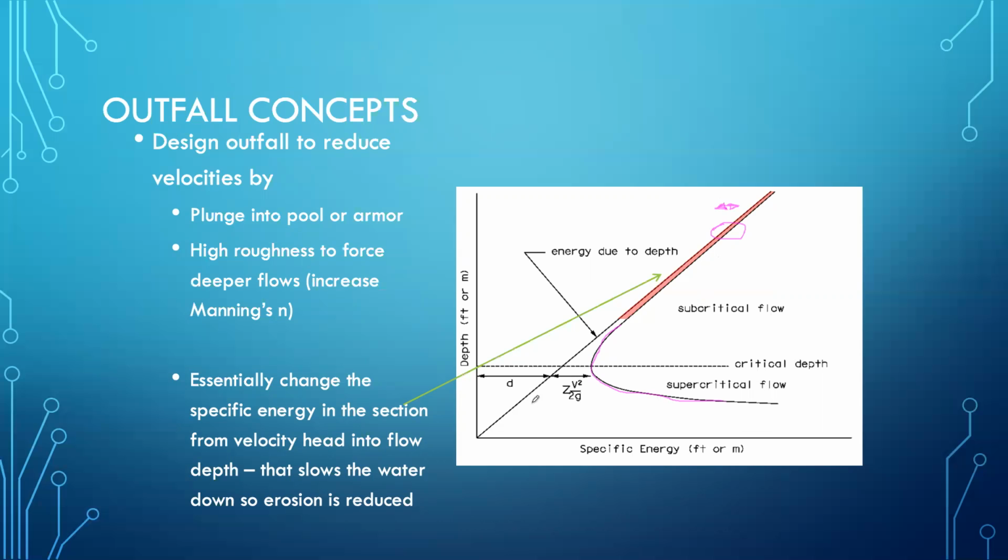But if we're down in the supercritical region, velocity head can be quite substantial. So we want to reduce velocity, and based on this diagram, one of the ways to reduce that is to increase the water depth at the outfall. That's the idea of a plunge pool. And that concludes my outfall consideration discussion.